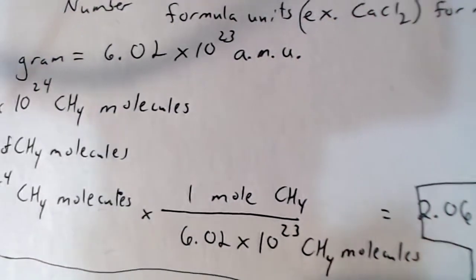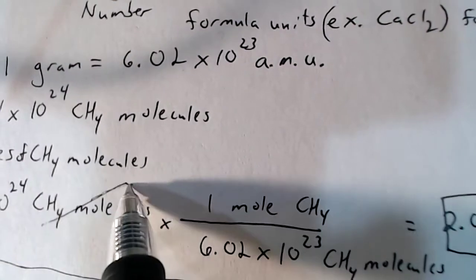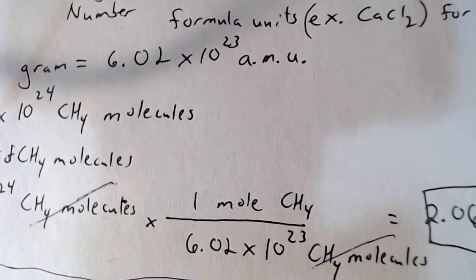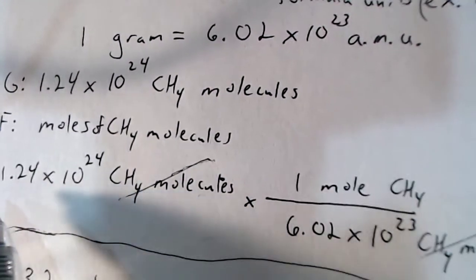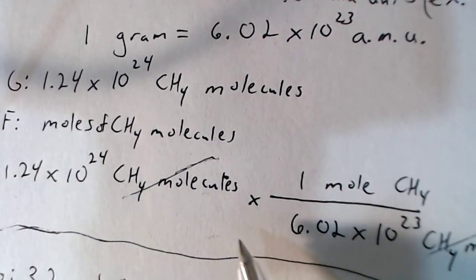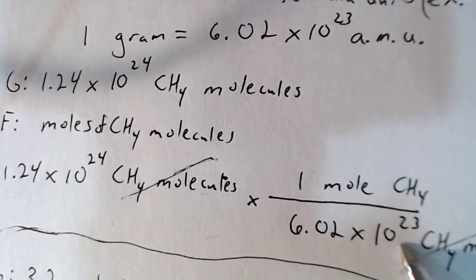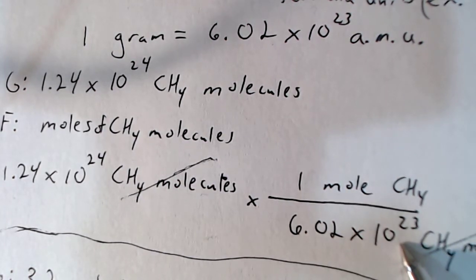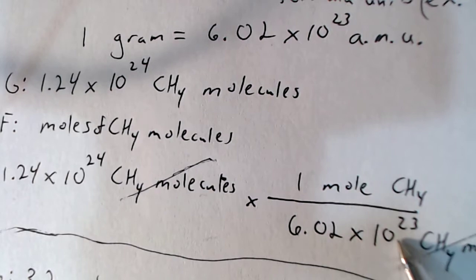Having methane molecules on the top and bottom, that'll cancel. So we have 1.24 times 10 to the 24 over 6.02 times 10 to the 23. When you plug that into the calculator, I would recommend you pause and do that yourself. But make sure that you're not multiplying by 10 to the 23. This is on the bottom.